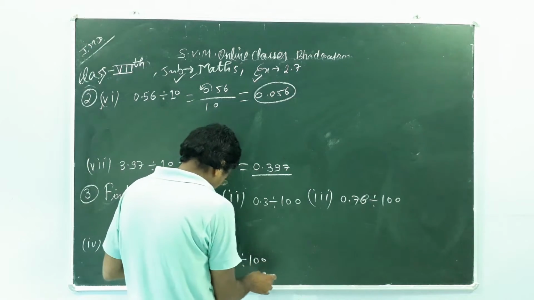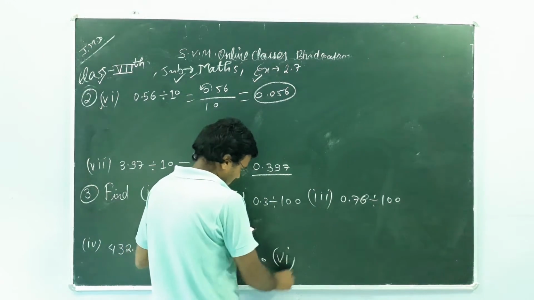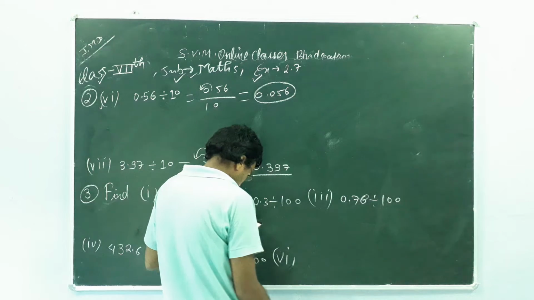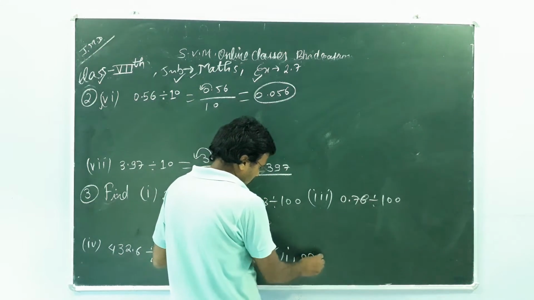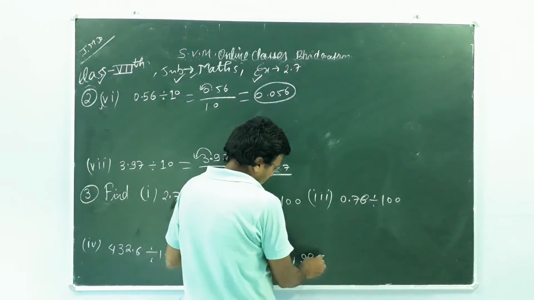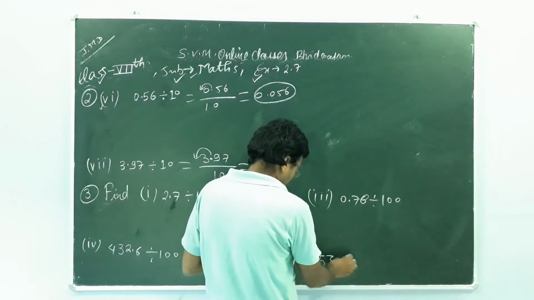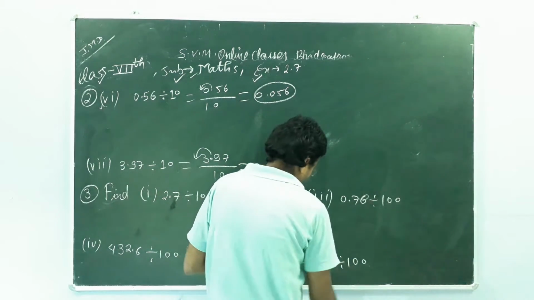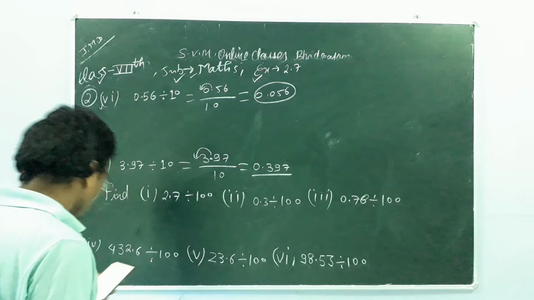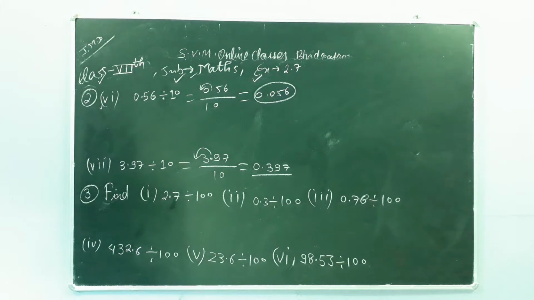Next is number 6, which is 98.53 divided by 100. These are all the 6 parts that we have to solve.